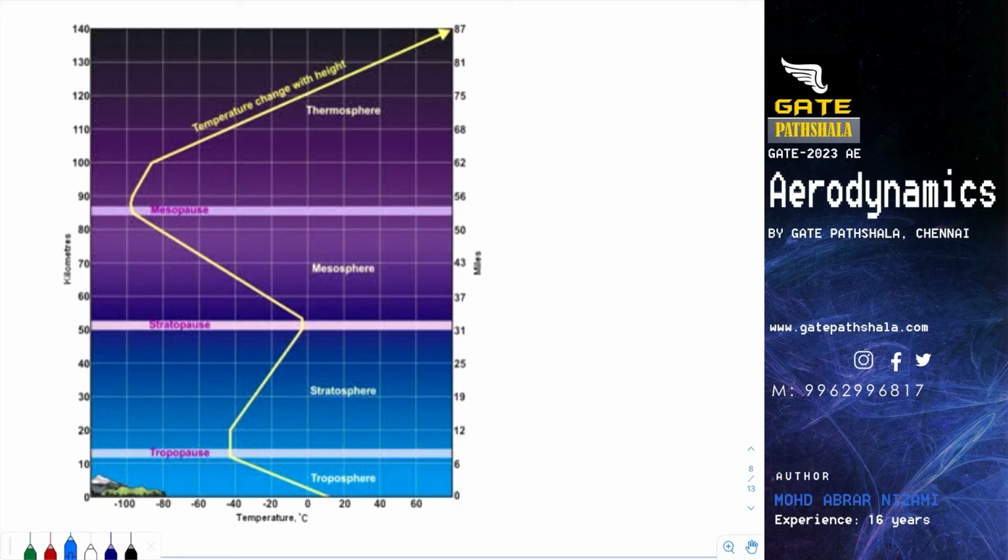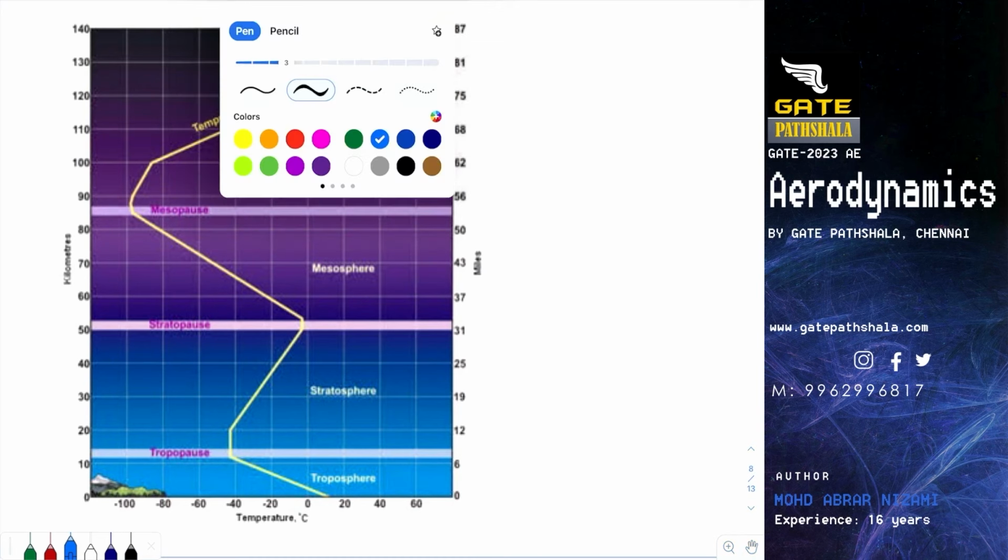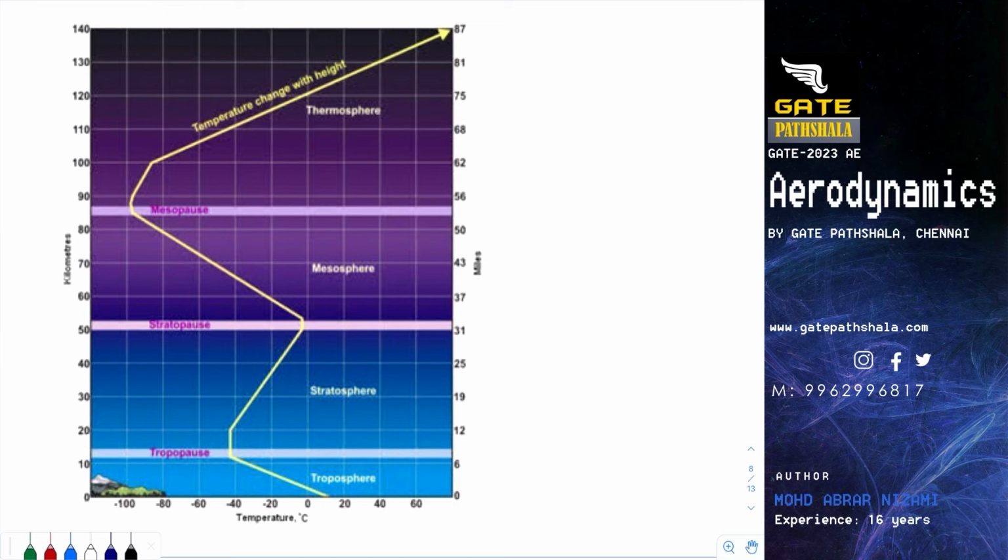So this is how the temperature varies in the atmosphere with altitude. Okay, so if I draw some sort of lines like this, this is already there, but I am drawing up till this.